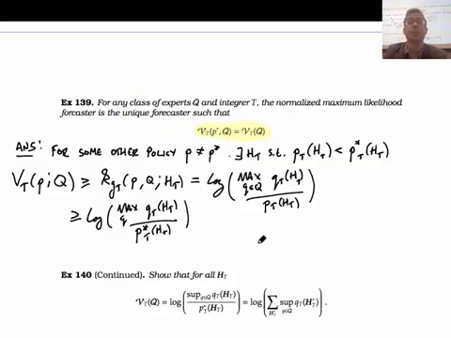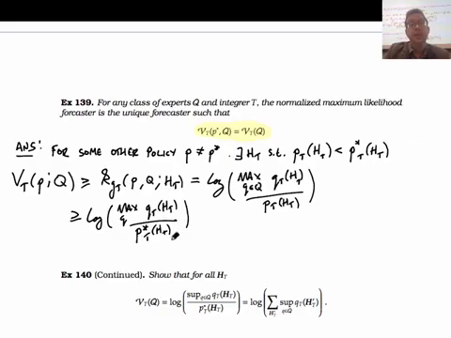Everyone agree with that? That's a bigger number, so divide by a bigger number, so it goes down more.